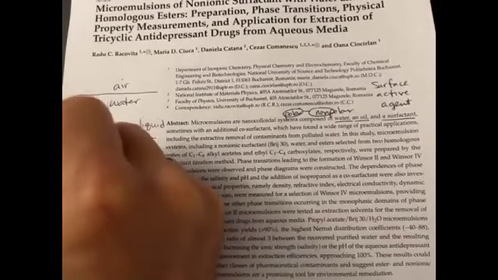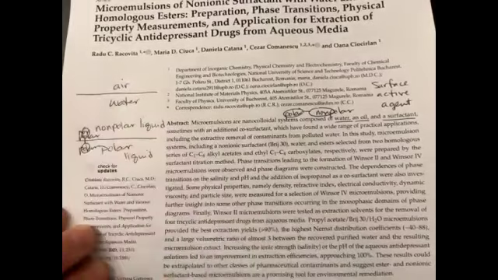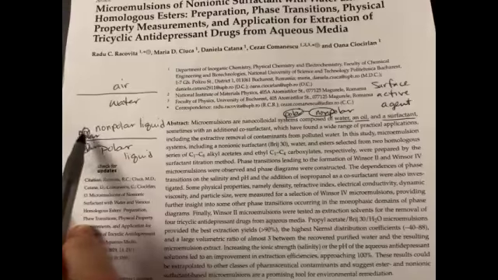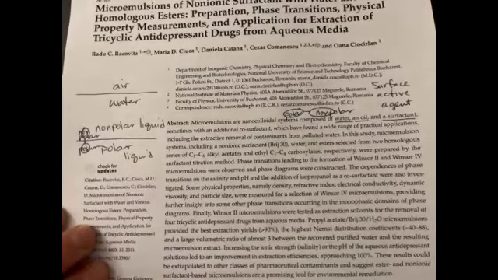So polar, non-polar. That's a little hard to read, but that says non-polar and that says polar, and that's the same thing we're drawing over here. That's what a surfactant or a surface active agent is.